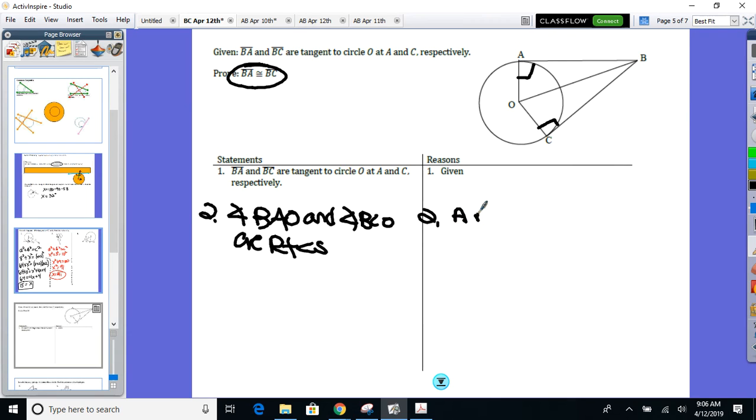All right, a radius drawn to, where's it drawn to? Name point A and point B. A radius drawn to the point of tangency forms a right angle.